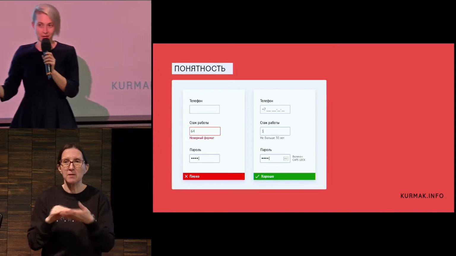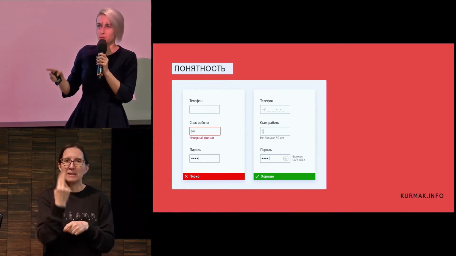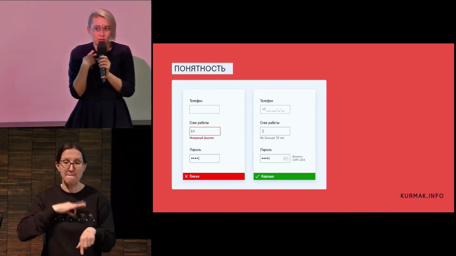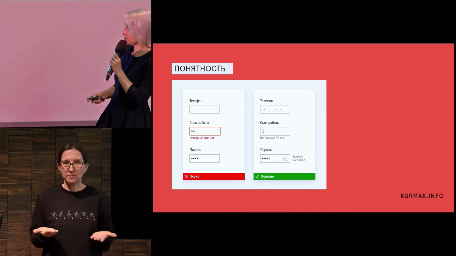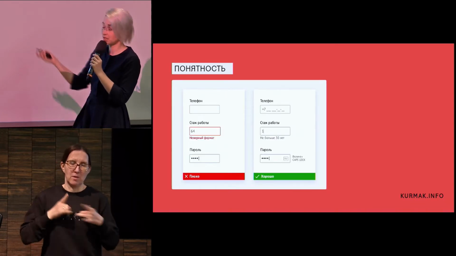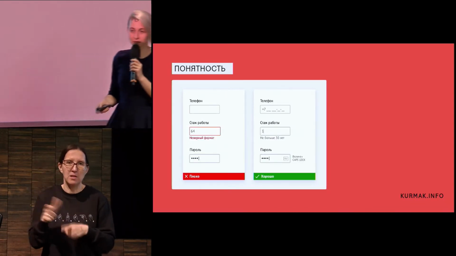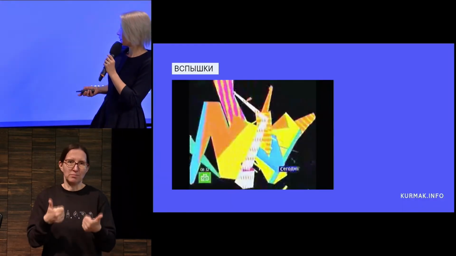But it didn't say what symbols had to be included. When I asked the guys, they told me, well, you need to have a number, a capital letter, an additional symbol. So how can users basically guess what their password has to be like? And it's not about disabilities at all. It's just about good, okay design.